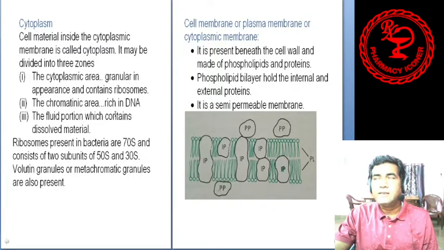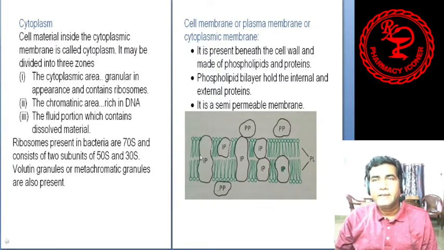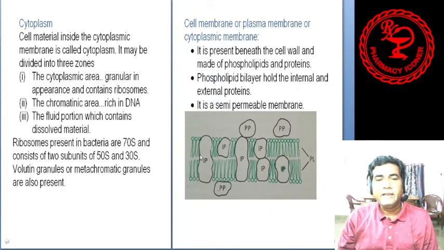One is the cytoplasmic area, which contains granular substance like ribosomes. The second part is the chromatinic area, which is the nucleus, a part rich in DNA. The third portion, other than these, contains dissolved material.